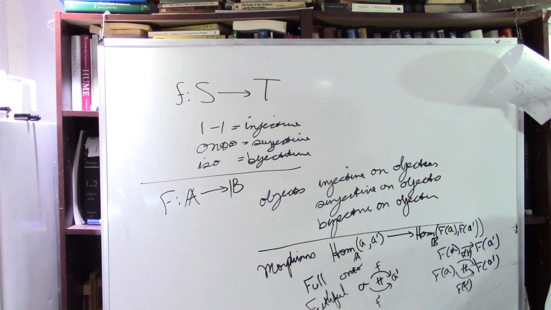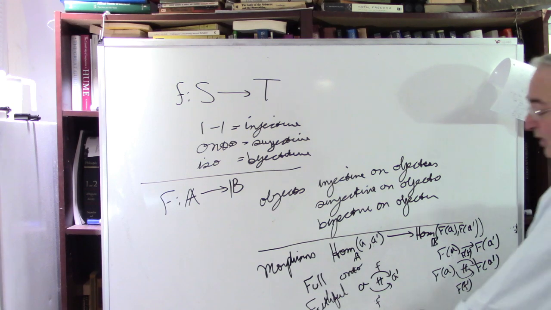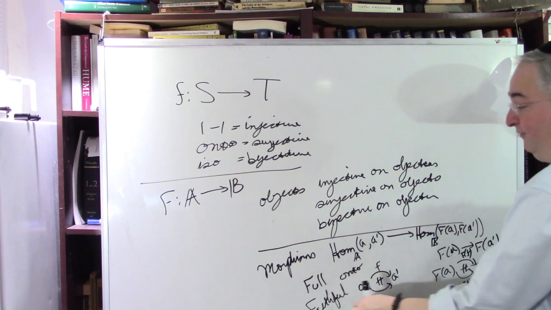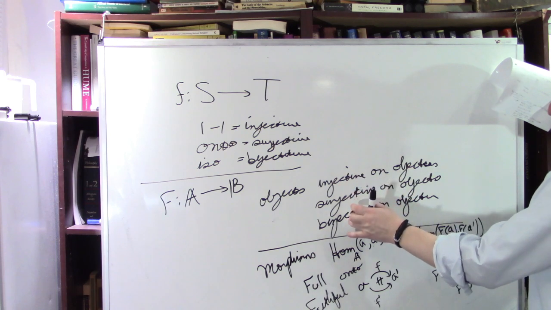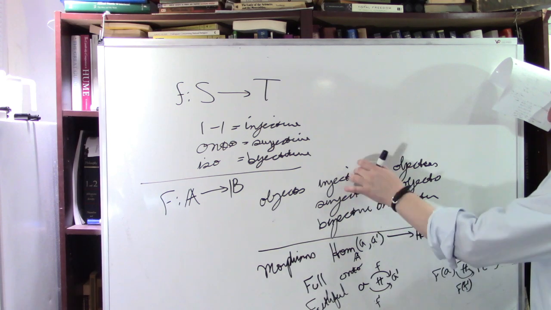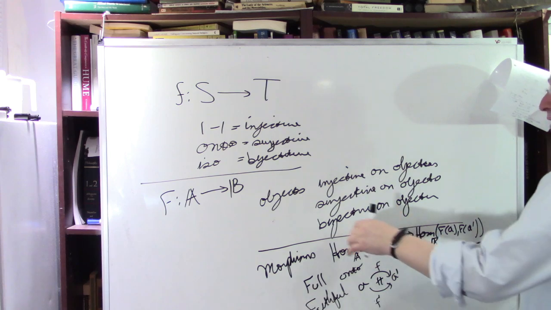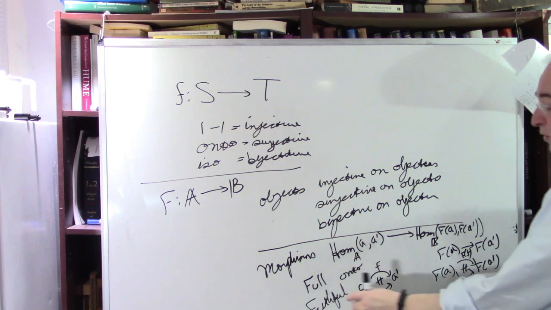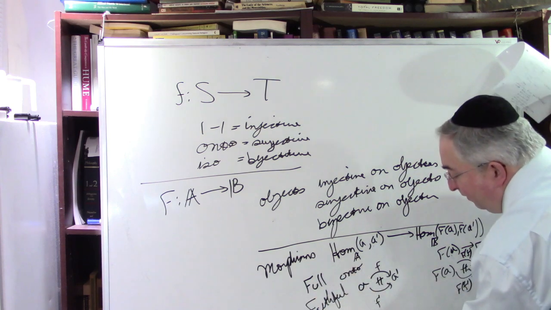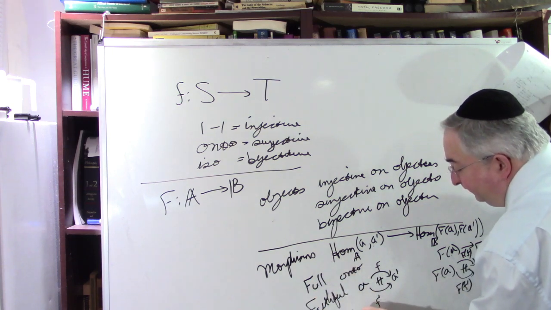We'll see all types of things. And finally, if it's both full and faithful, just like if it's injective on objects and surjective on objects, it's bijective on objects. This and this implies bijective. If something is one to one and onto, then it's also an iso. So too, if something is full and faithful, we call it fully faithful.